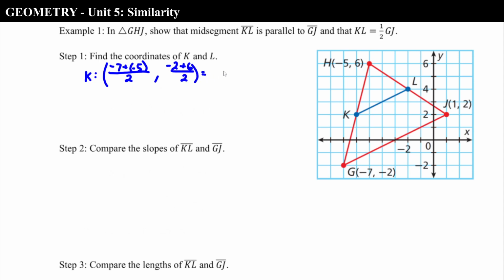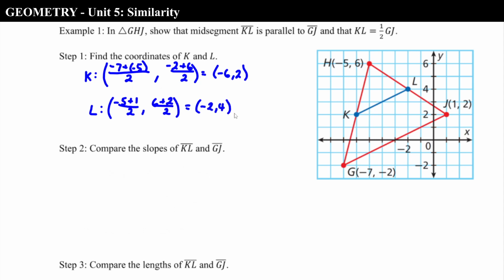And that's going to give you negative 6, 2. For L, same thing. We're going to do x1 plus x2, which is negative 5 plus 1 over 2, y1 plus y2 over 2, which is 6 plus 2 over 2, and that's going to give you negative 2, 4.